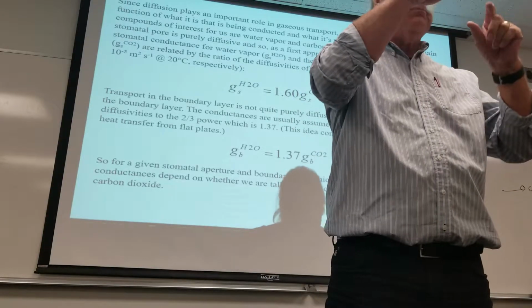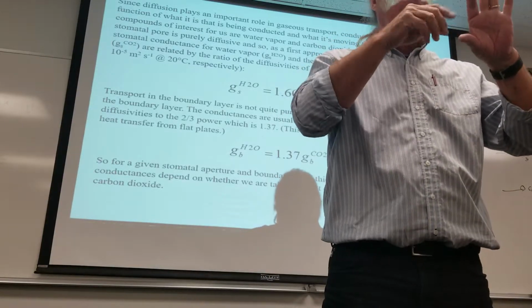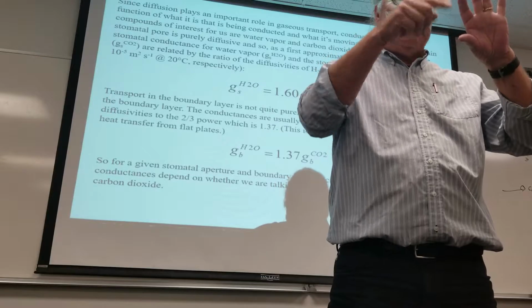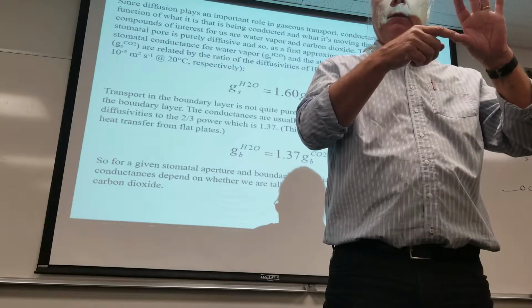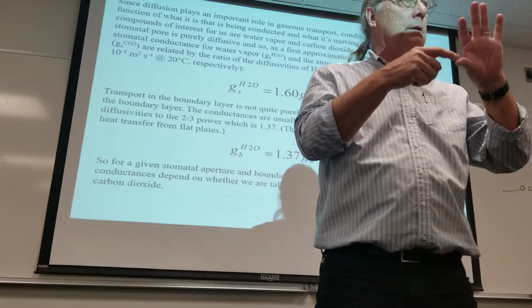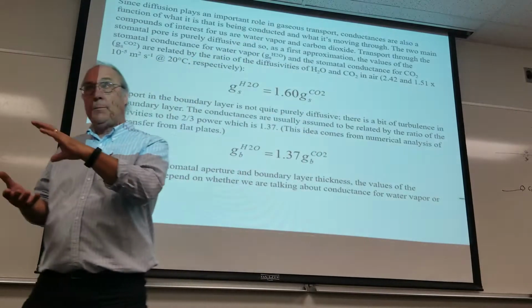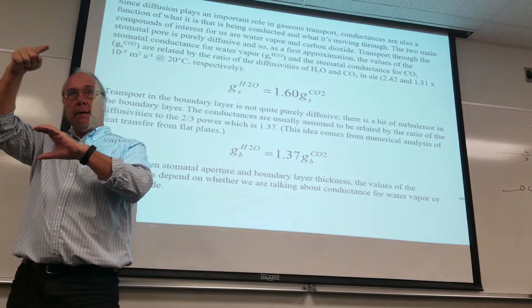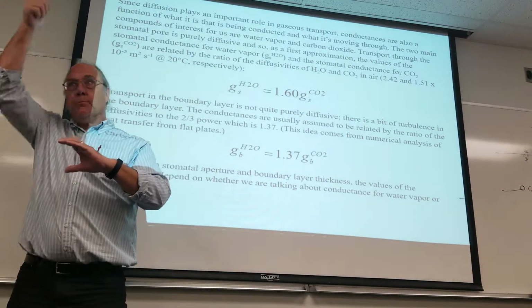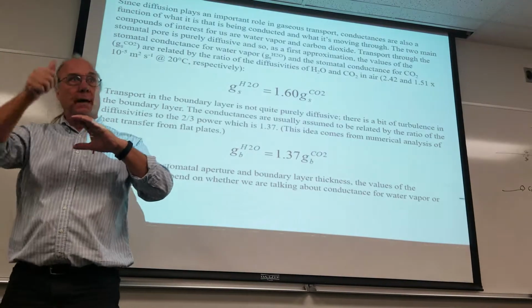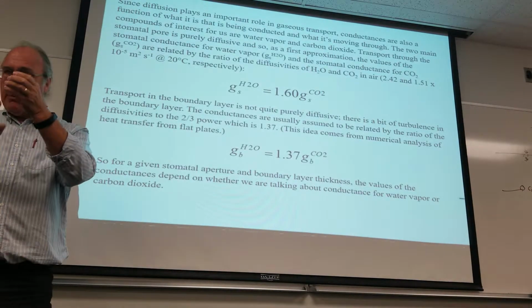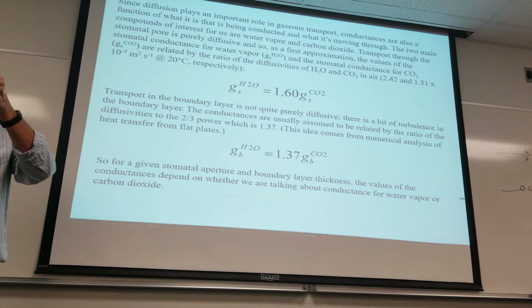It's a movement of a species driven by its concentration gradient, from high concentration to low concentration. High concentration of water vapor inside the leaf, low concentration in the atmosphere, so the water molecules diffuse out. And in the stomatal pore, that's a purely diffusive process.